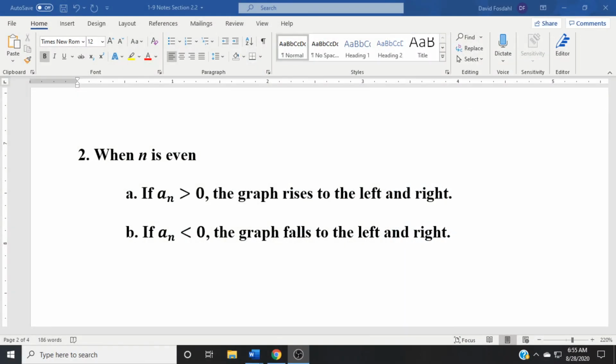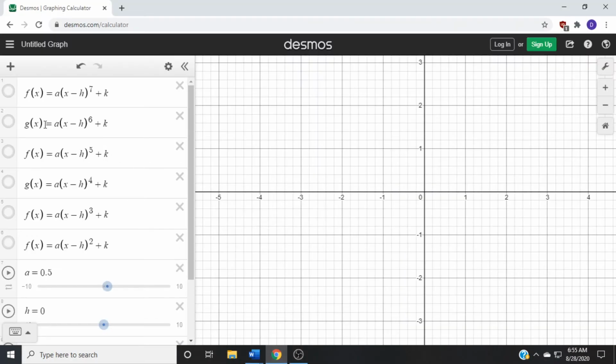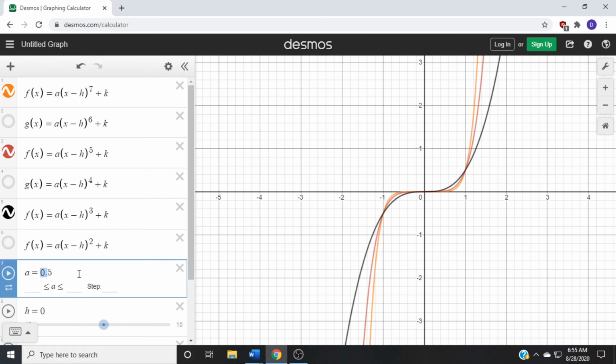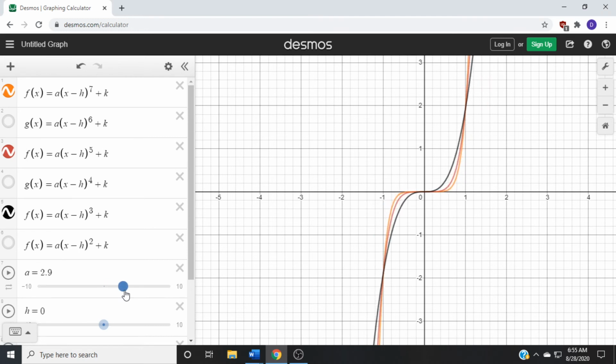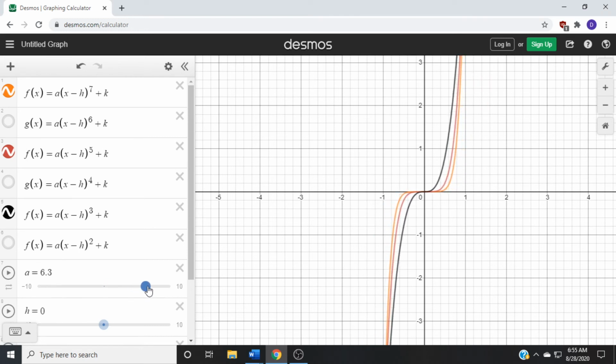So we're going to look at a graph for this. Let's look at odds. Here are our beautiful odd functions. A is positive right now, so our graph falls to the left and rises to the right. And as we go more positive, same thing, stays about the same.